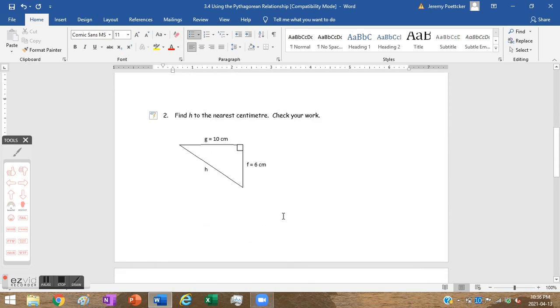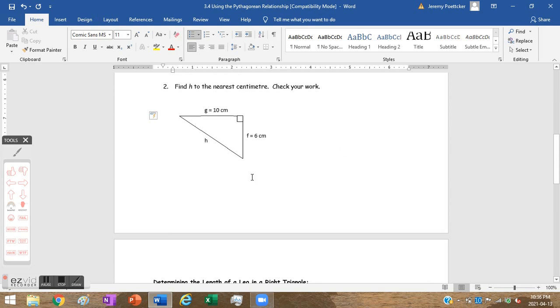All right, find h to the nearest centimeter, check your work. So in this case, we've got our shortest is f, our next is g, longest is h. Using the letters they've given us, f squared plus g squared should be equal to h squared. Again, I don't know what h squared is yet, but I'm going to figure it out because I know what f and g are.